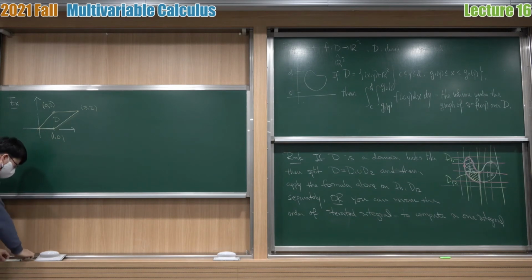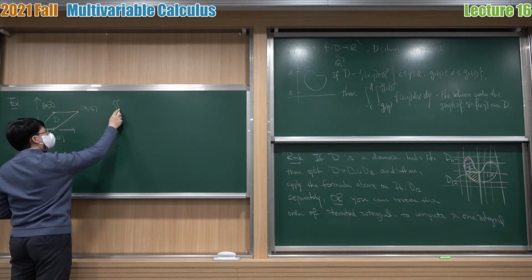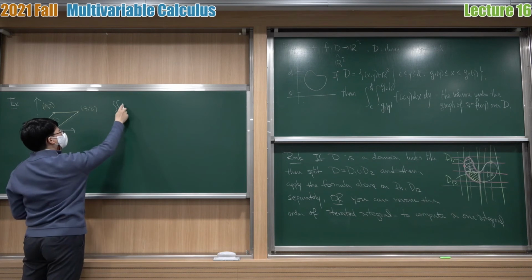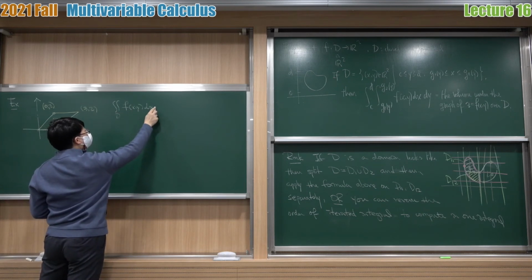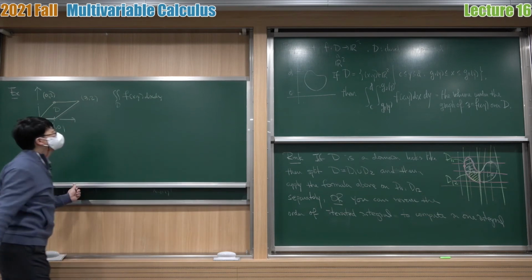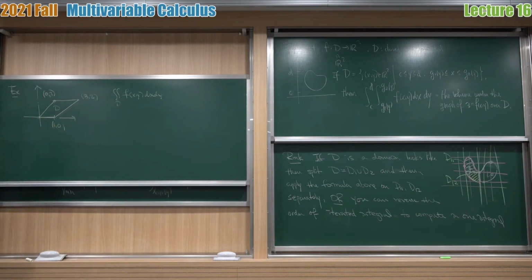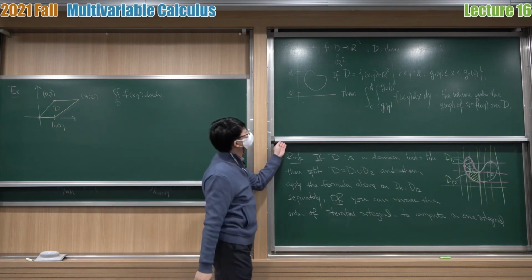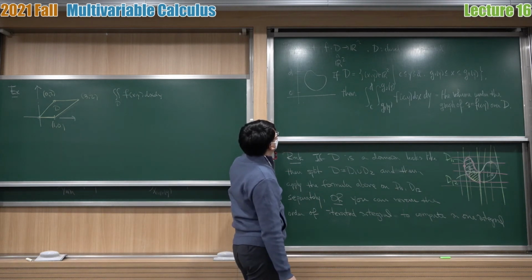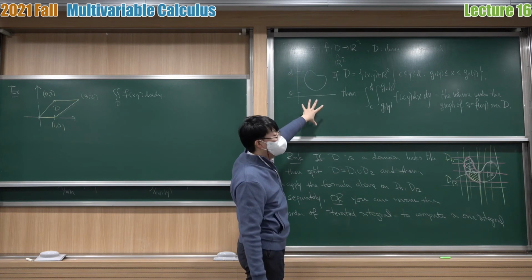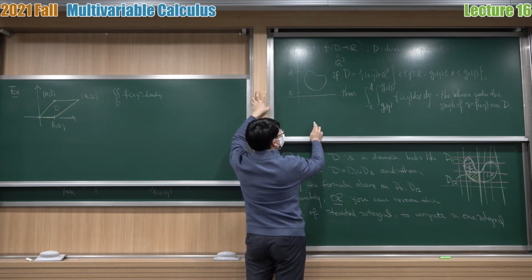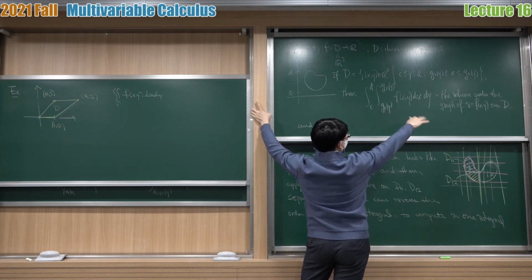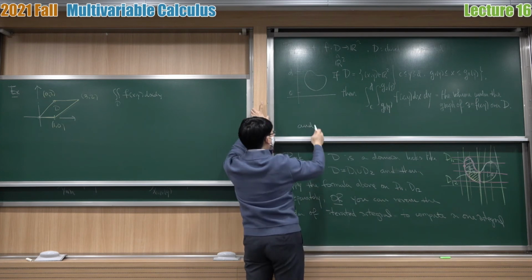And you want to find out the double integral here. So let me add one more thing in the proposition here. So then the iterated integral is the volume under the graph over this region.